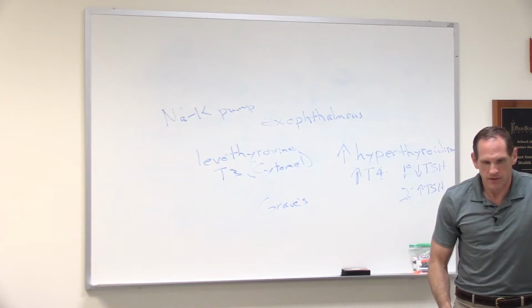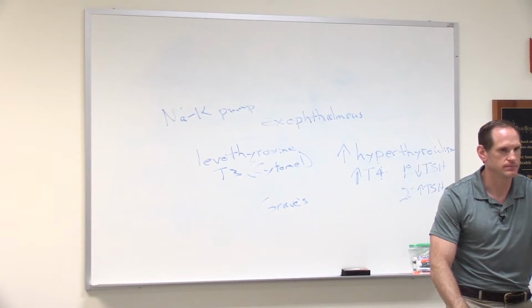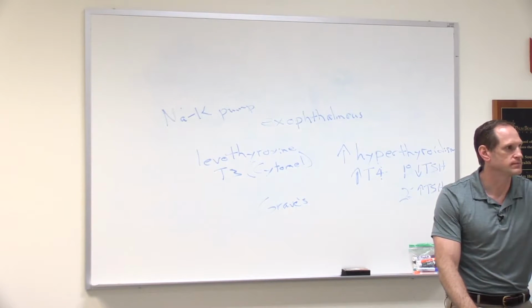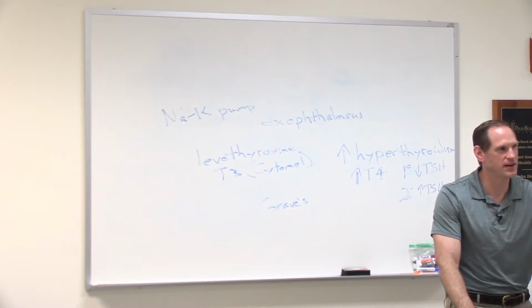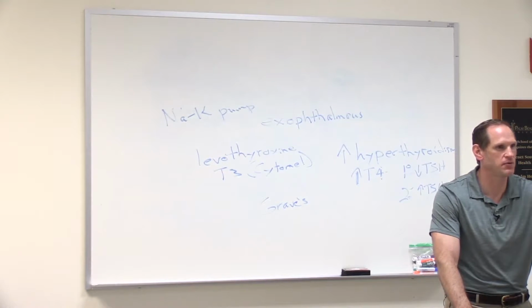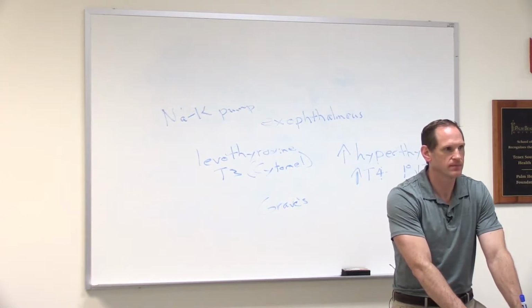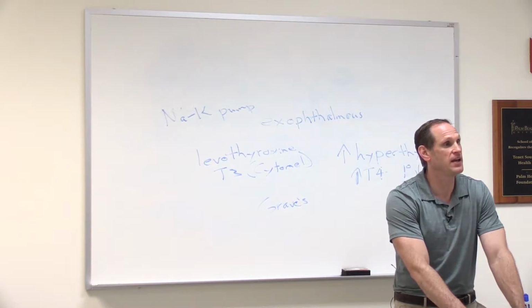Now, what are the advantages of radioactive iodine? Well, it's cheap. It's also very safe. But it takes a couple weeks before it really starts working. What are the advantages of surgery? It starts working immediately.